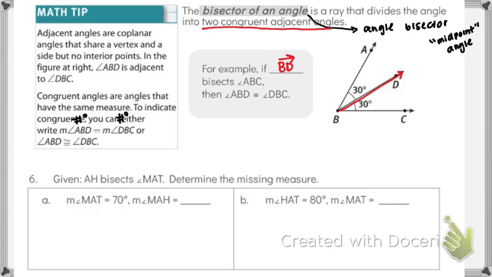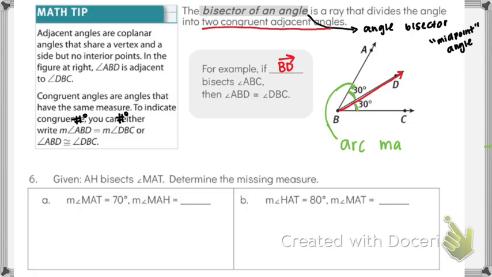Now, you're going to see a symbol right here. If you have a highlighter at home, go ahead and do that. This right here is your arc marks. I'll bring it back to what we were working on before. When you were doing midpoint, we used tick marks. When you're using angle bisectors, you're using arc marks.